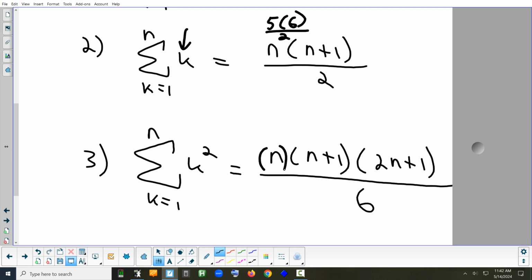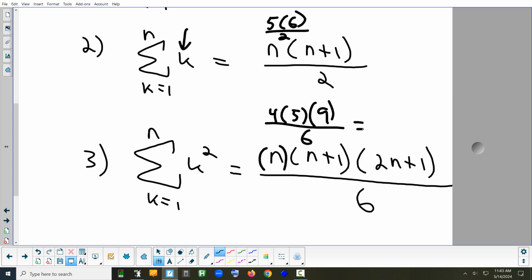If you plug 4 into your first factor, what do you get? Just 4. How about the second factor? 5. And the third factor? 9. 2 times 4 is 8, plus 1 is 9. And let's divide by 6.